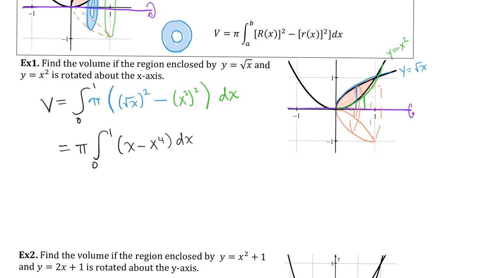dx. Okay, let me go ahead and do the antiderivative. That's x squared over 2 minus x to the 5th over 5. I'm going to evaluate from 0 to 1.